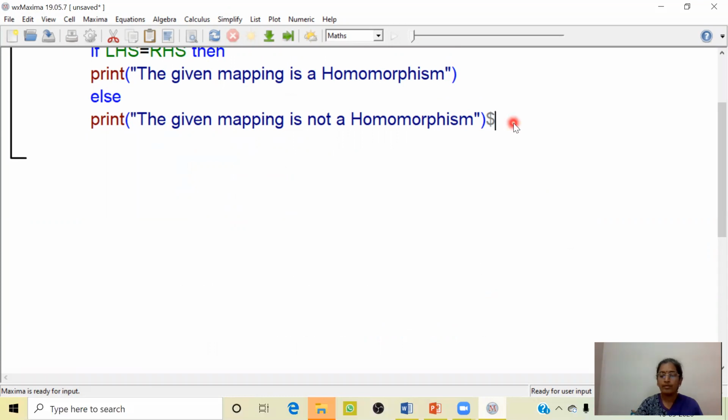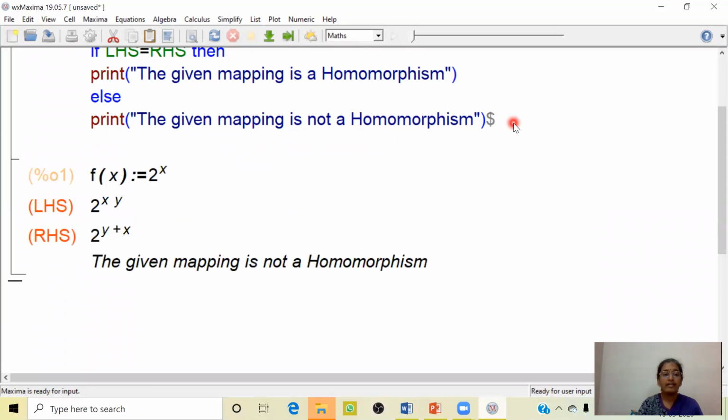So let us execute using Shift Enter. So this is what we get. See, your f(x) is 2^x, and the left hand side is 2^(xy), and the right hand side is 2^(y+x), and these two are not equal. Therefore, the given mapping is not a homomorphism.